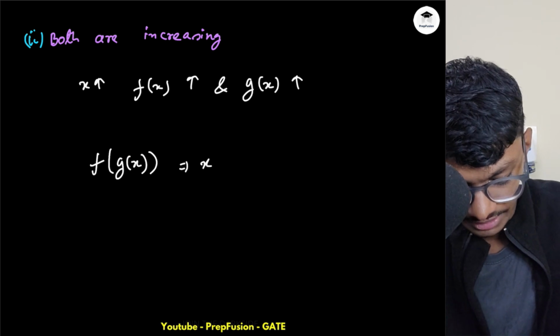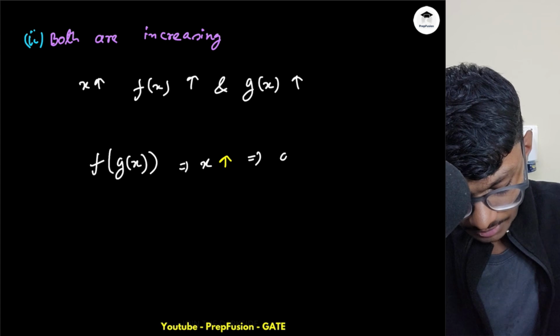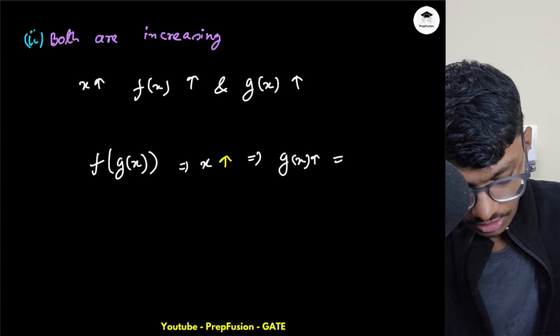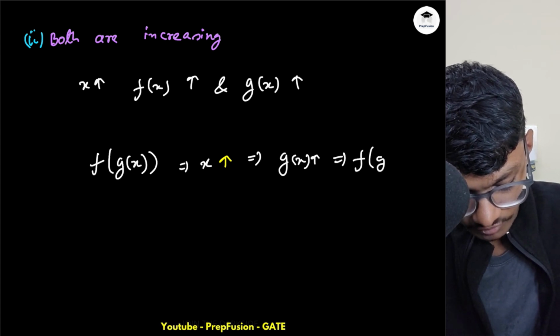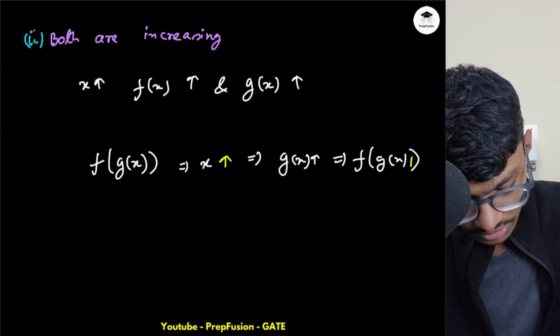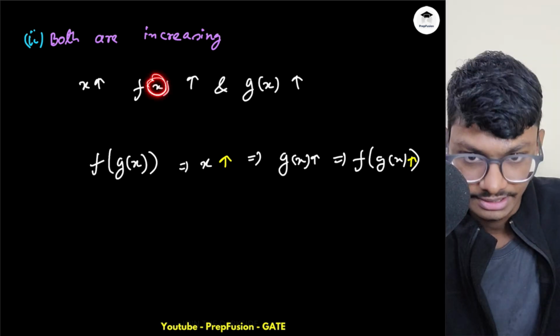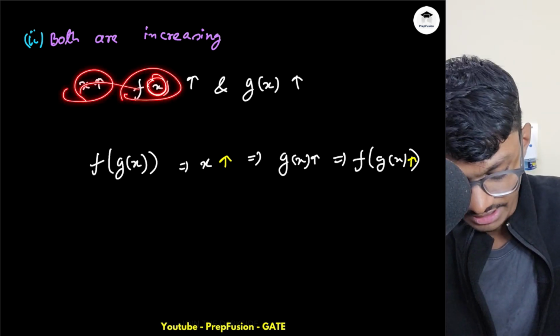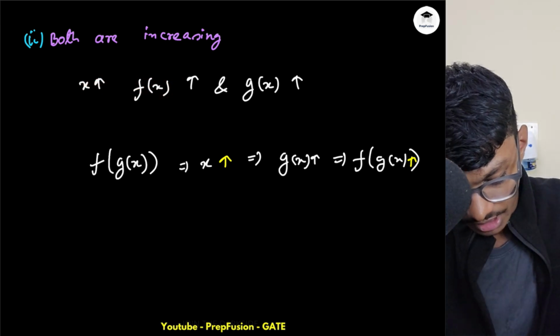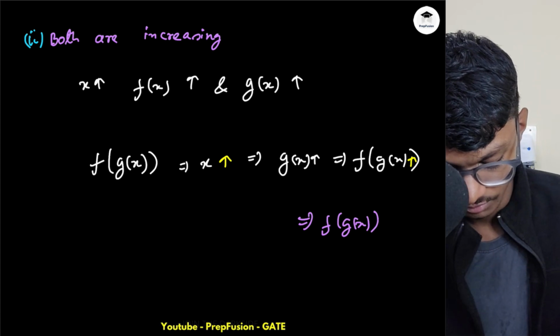That means my g of x will increase. Now if my g of x is increasing, that means the value inside f is increasing. I know if the inside bracket increases, then f also increases, as in the same case over here. So my f of g of x will also increase.